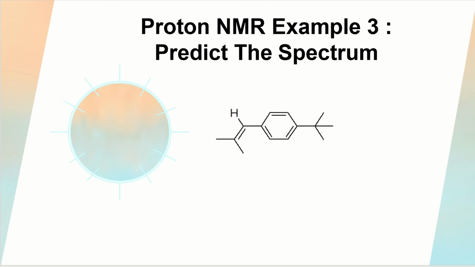So here we have an aromatic compound, right? So this one is a little bit more challenging. We have an aromatic compound, and we have some substituents on that benzene, which is substituted in the para arrangement.